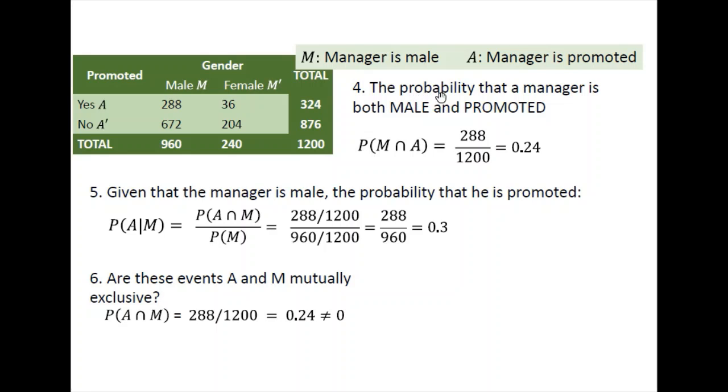We need the probability. So by dividing 288 by 1200, we can obtain the probability of the intersection. So male and promoted is 288 divided by NS, the number of outcomes in S, 1200.